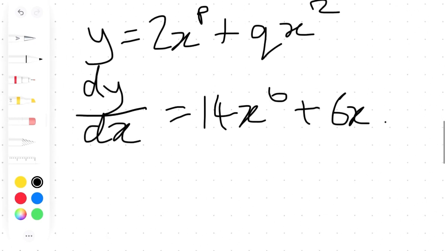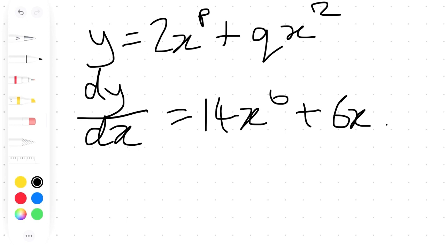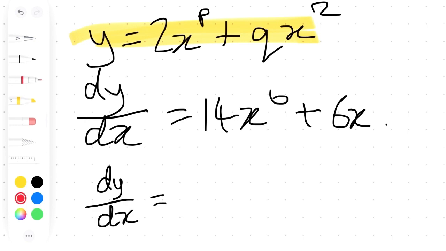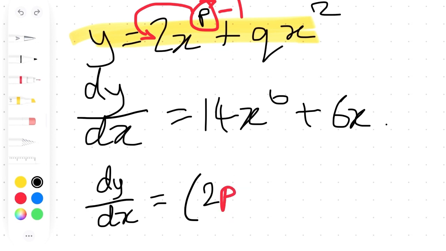So now what we should do is differentiate this original equation here. And to do that, we know our rules of differentiation. So we take the power of p, multiply it by the coefficient, and then subtract 1 from the power of x. So that would give us 2p times x to the power of p minus 1.